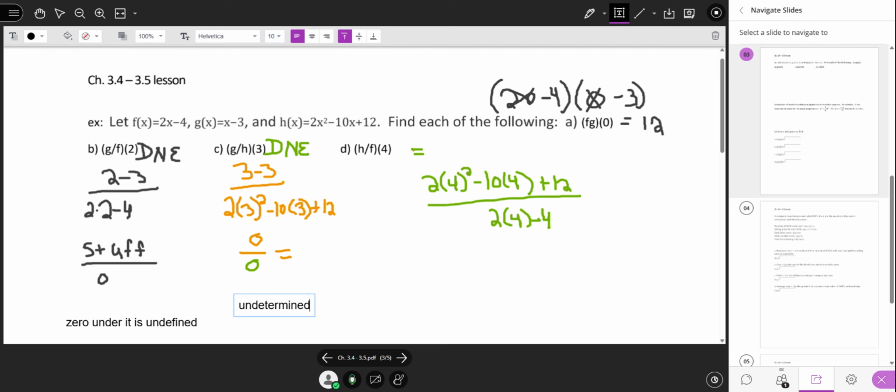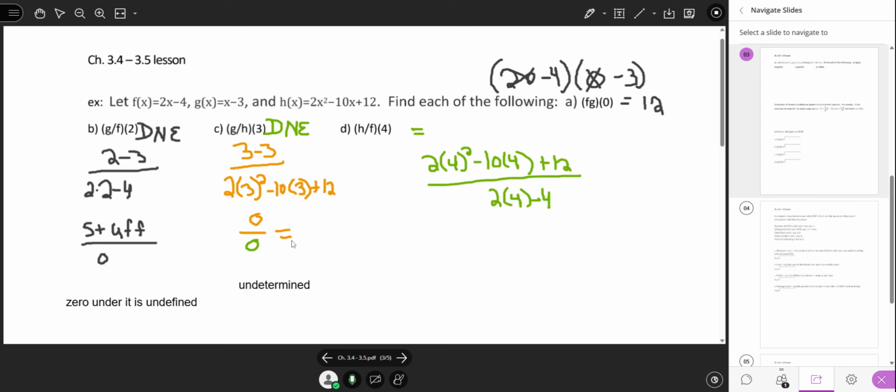It's really not undefined. This is really undetermined. But unfortunately, a lot of programs call it undefined, which is a lie. But does not exist is true.